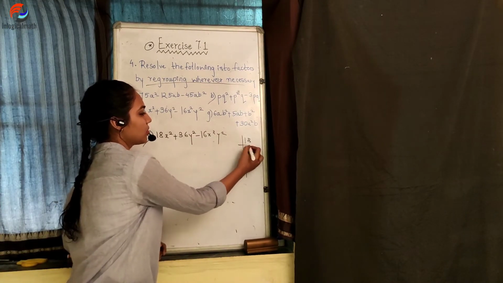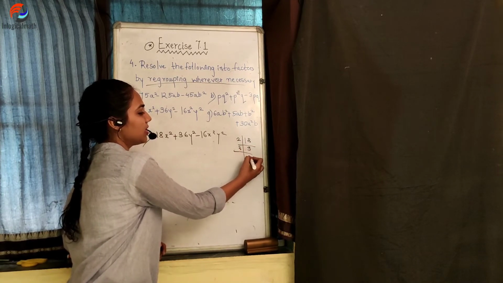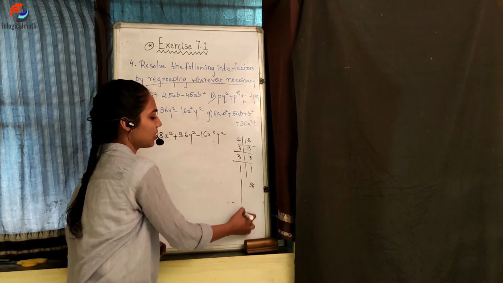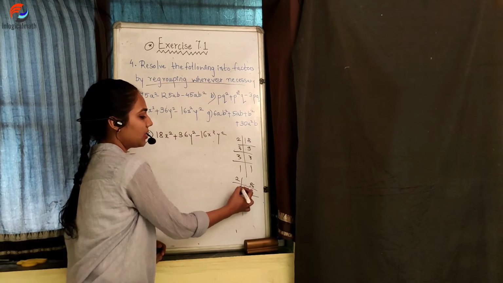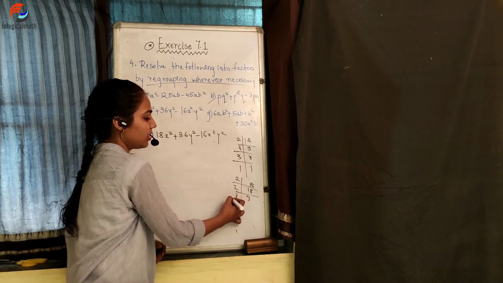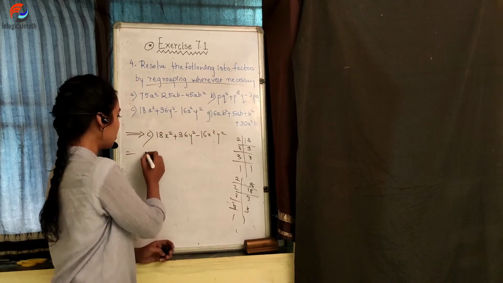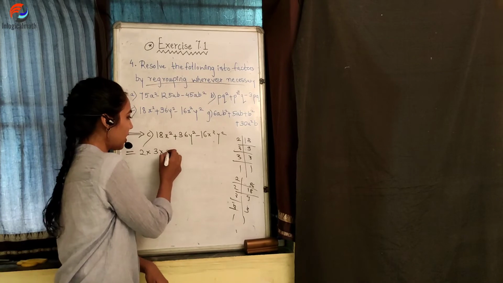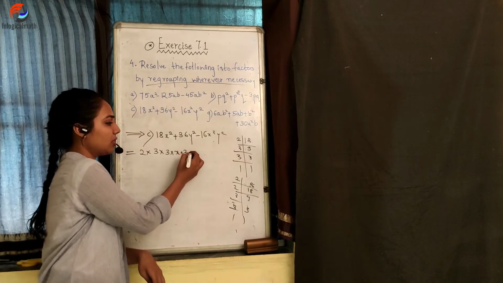So 2 9s are 18, 3 3s are 9, 3 1s are 3. Okay, so what are the factors? 36: 2 18s are 36, 2 9s are 18, 3 3s are 9, 3 1s are 3. Okay, and 18 can be written as 2 multiply 3 multiply 3. X square, x having 2 powers, so write x for 2.